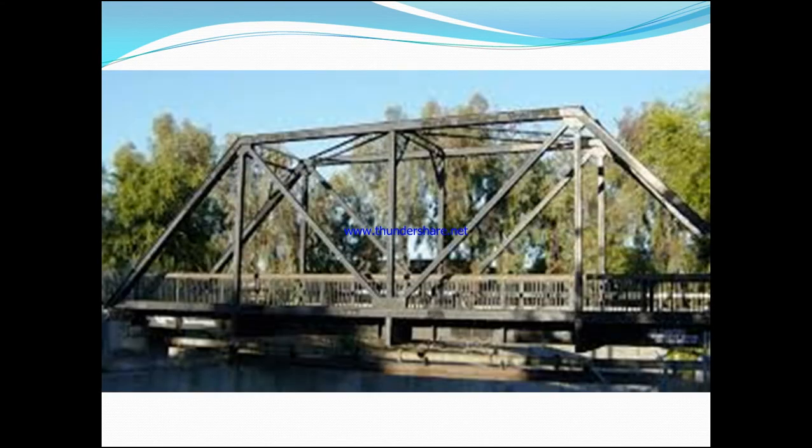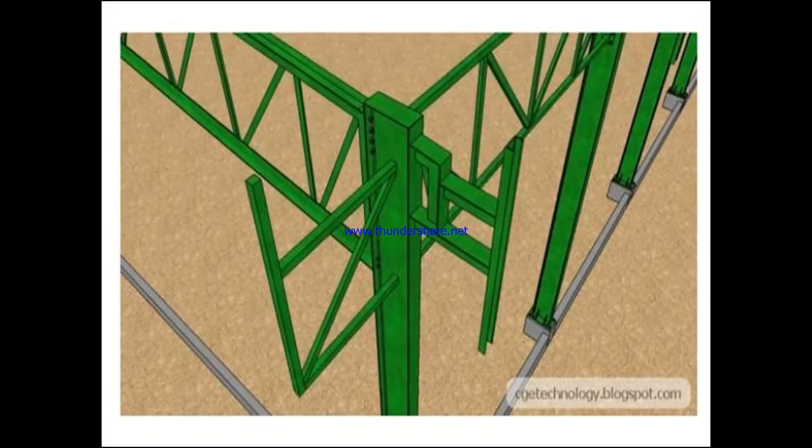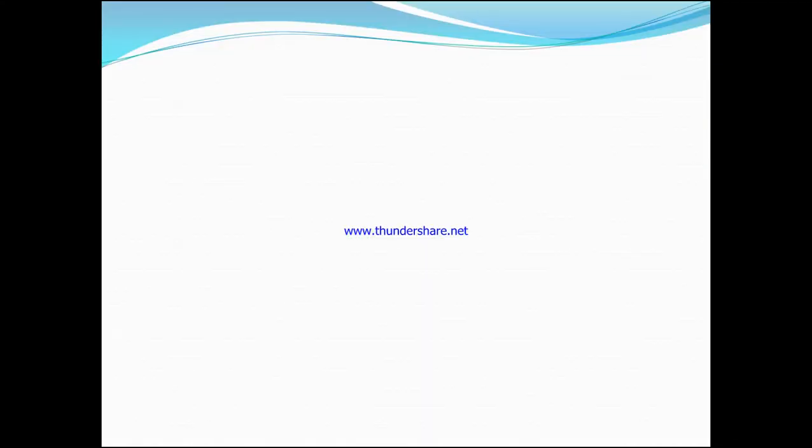You can see the trusses. Practical example of frames. Some are connected by joints that can be riveted connection or bolted connection or welded connection. If it is welded, then it comes under the rigid joint. If it is connected by pin members, then it comes under the category of pin jointed frames.